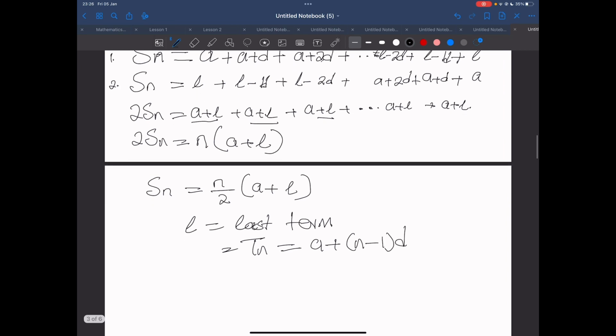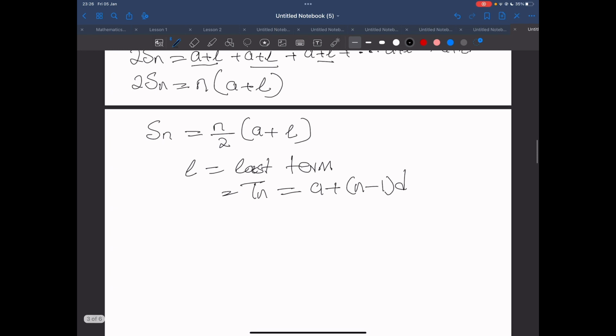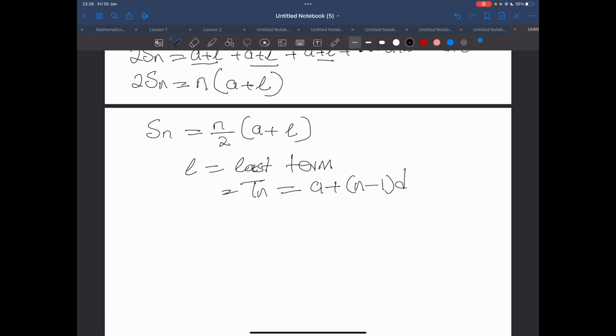So if we rewrite this formula, where we see the last term, we can put a plus n minus 1 d, so that we have sum n is n over 2 into a plus the last term, which we said is a plus n minus 1 d.